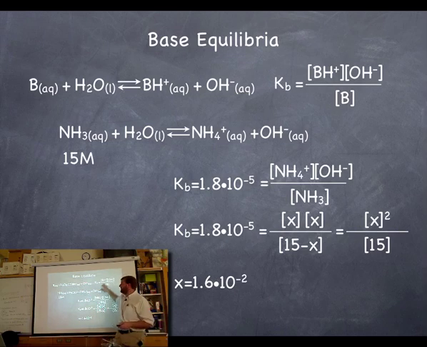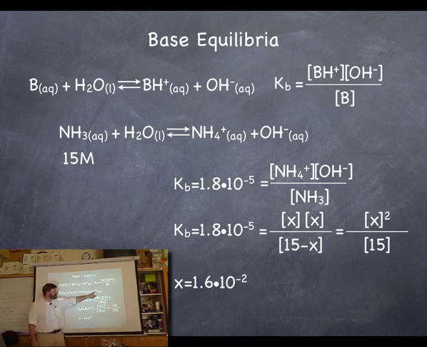That's the reaction that we're describing with a Kb value, just like our Ka value was an acid breaking apart into hydrogen ions and its conjugate base. So this x value is the concentration of the hydroxide ions, as well as the concentration of, in this case, ammonium, the conjugate acid.